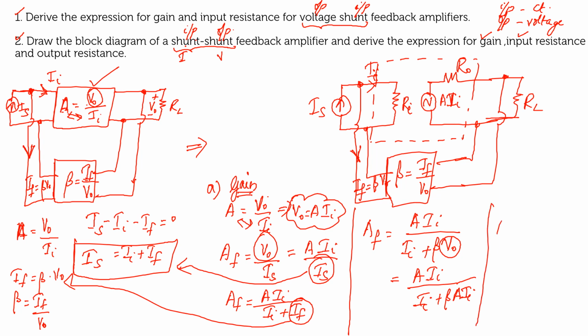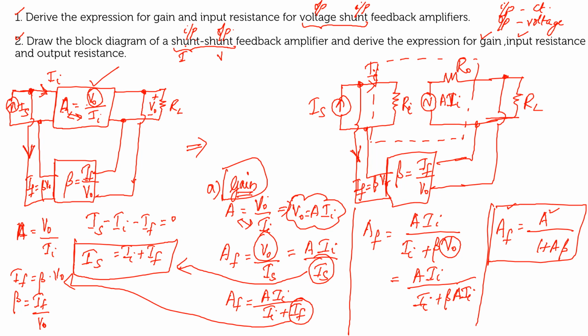So cancel II. So you'll be getting AF will be equal to A divided by 1 plus A beta. Okay, this is the relationship between your closed loop gain and your open loop gain. AF is equal to A divided by 1 plus A beta. So first parameter is found out, gain.